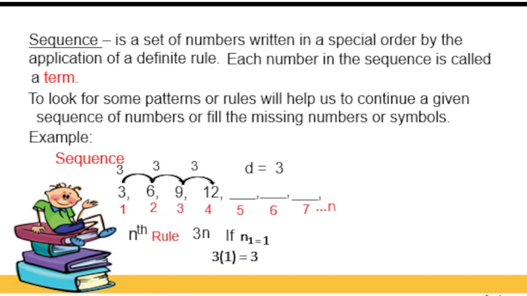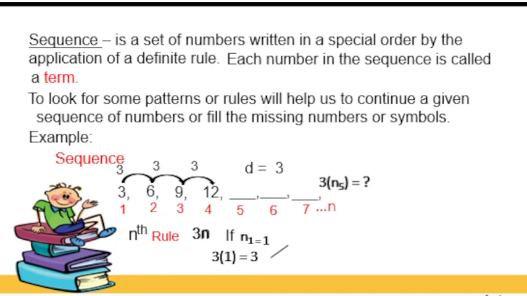Then n is 3. So 3 times 3 is 9. Correct again. And then 3 times 4 is 12. So therefore, the rule is 3n.